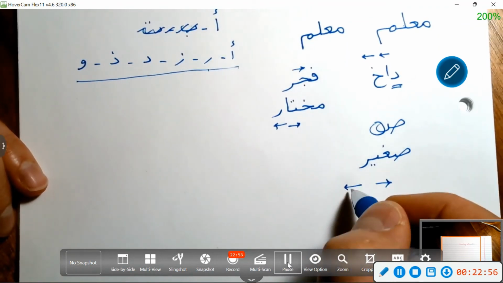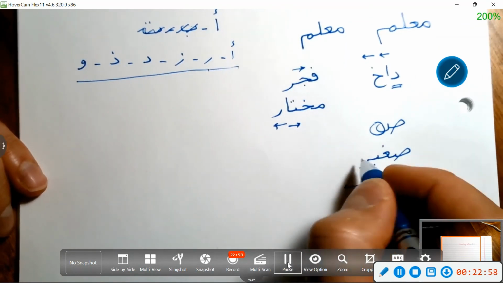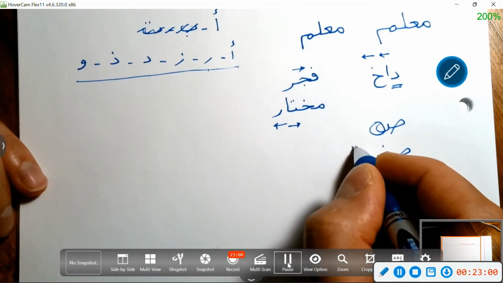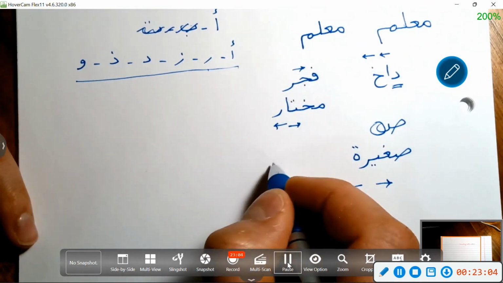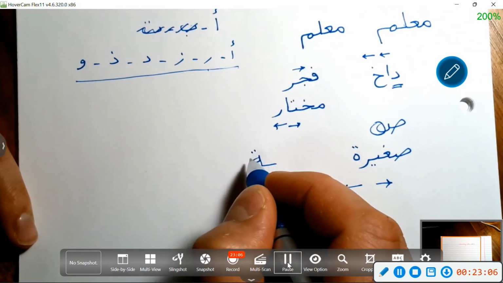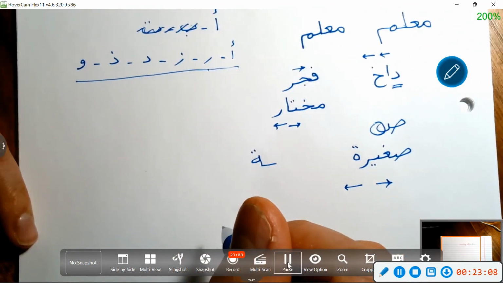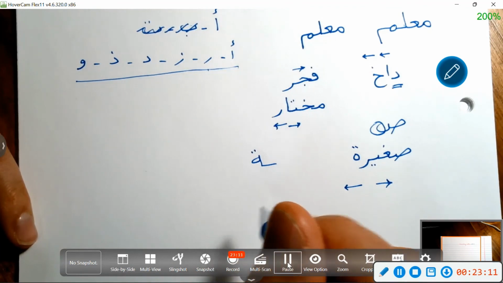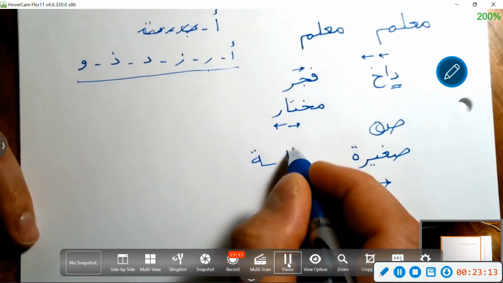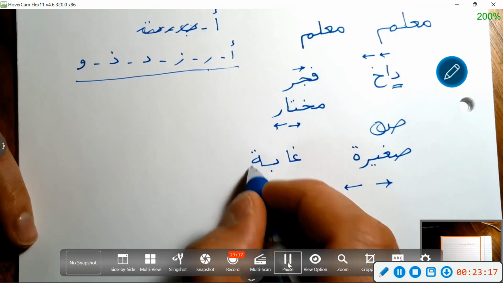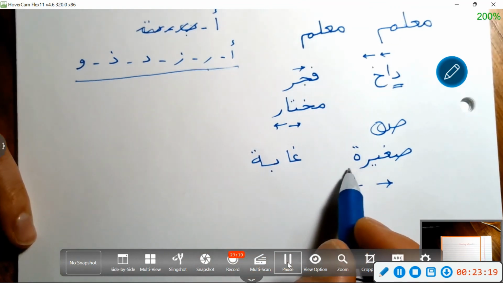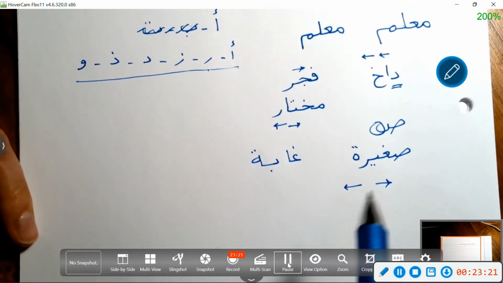Now, ra doesn't connect from left side, of course. Ta marbuta. Otherwise, ta marbuta usually can be connected like this. Like when we say, for example, غابة. Ba can be connected to the ta marbuta here. Here, ra cannot be connected to the ta marbuta.